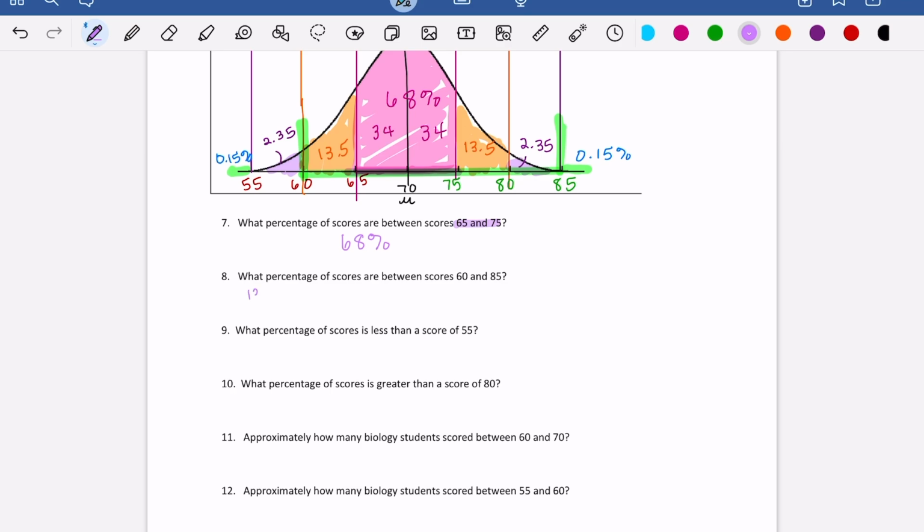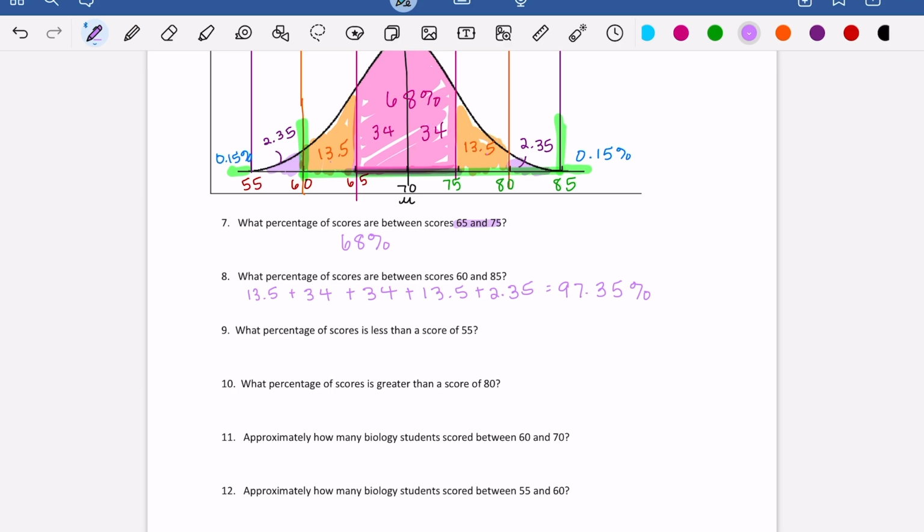You have 13.5%, you have 34%, 34%, 13.5%, and 2.35%. So essentially you have 95 plus 2.35 right here, because you have 68, you have the 95 plus 2.35, so you have 97.35% of all test scores will fall within that range.